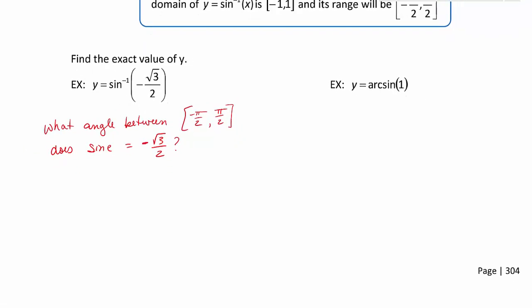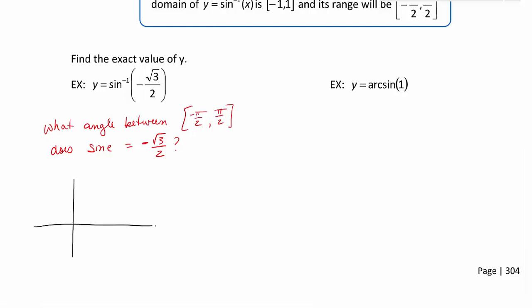Square root of 3 over 2 is a familiar number to me. I know that that is the long side of a 30, 60, 90 triangle. So that tells me, let me draw my picture here, that I'm looking for a triangle in either the first or the fourth quadrant, right? Because that's my negative pi over 2 to pi over 2.